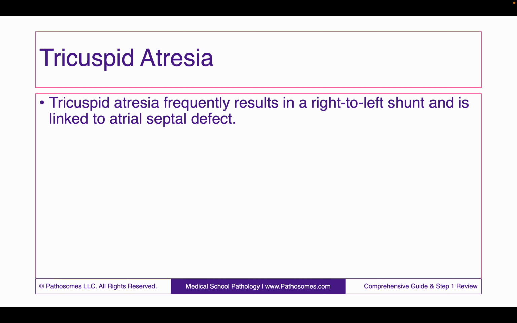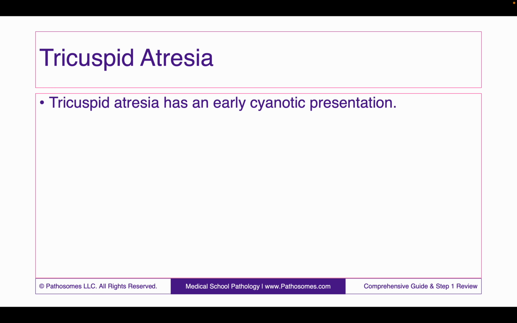Tricuspid atresia frequently results in a right to left shunt and is linked to atrial septal defect. Tricuspid atresia has an early cyanotic presentation.